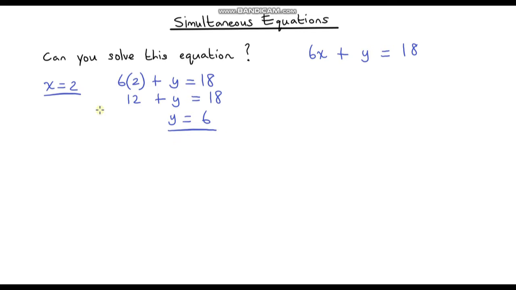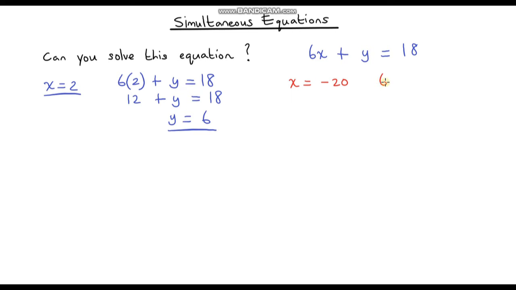But notice that's not the only possible values we could use. We could use any value for x. So for example, let's say what happens when x is equal to negative 20. Well, when x is negative 20, again, to work out the corresponding value for y, we can just substitute negative 20 into our equation.